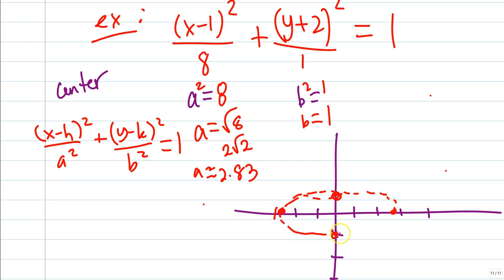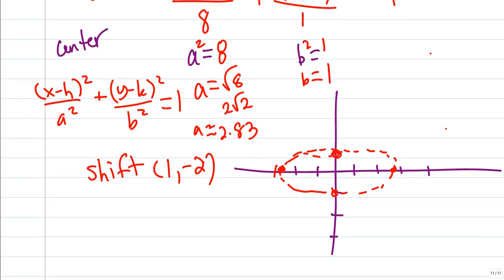Only problem is this. This is not our final answer. Well, why? It was shifted h and k. Remember here, both the h and the k are both with their variable, so they're both opposite. So we figured out the parent graph, but we have to remember to shift this graph opposite, 1 to the right and 2 down.